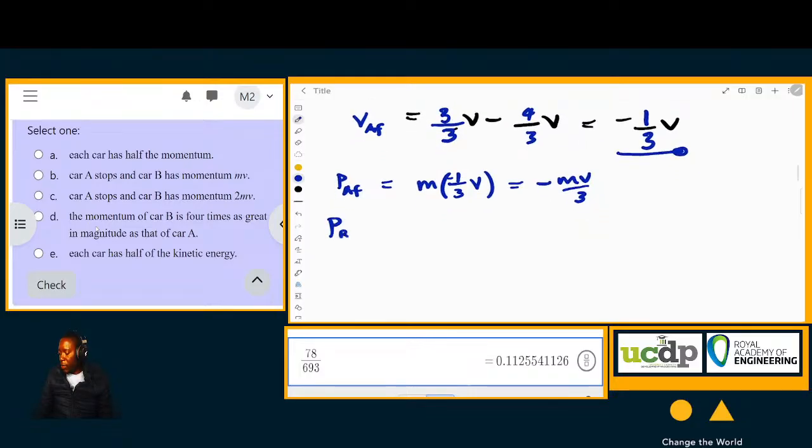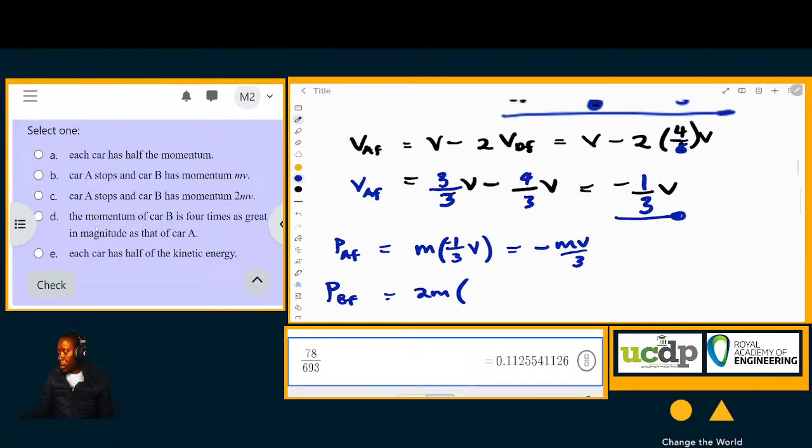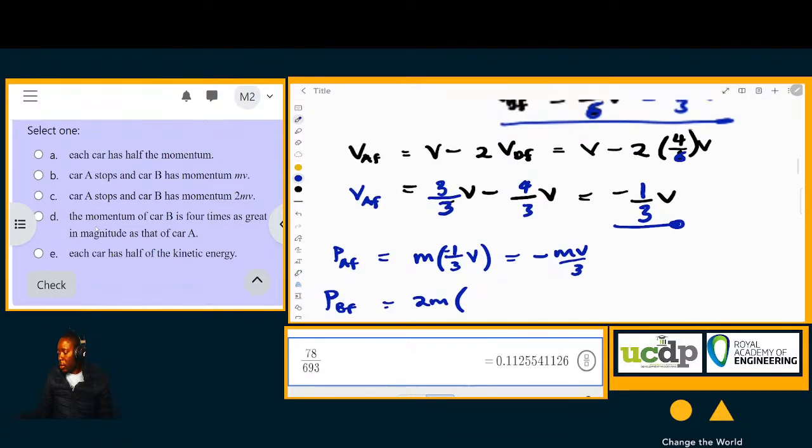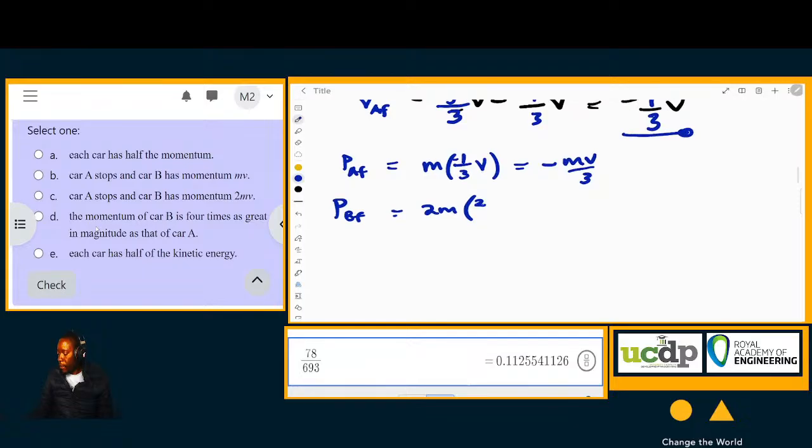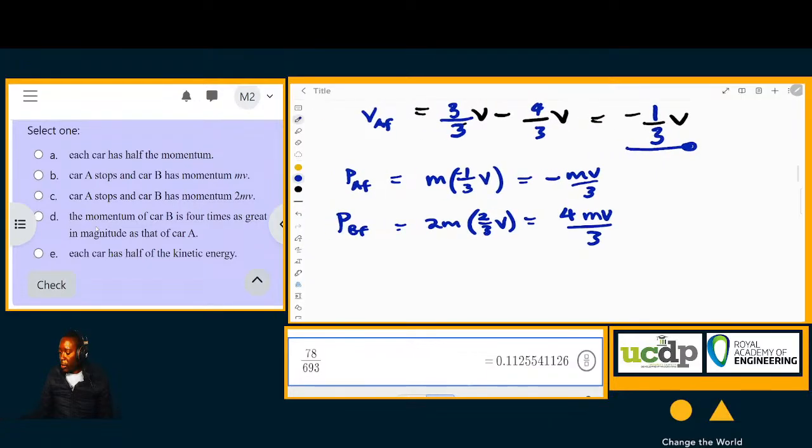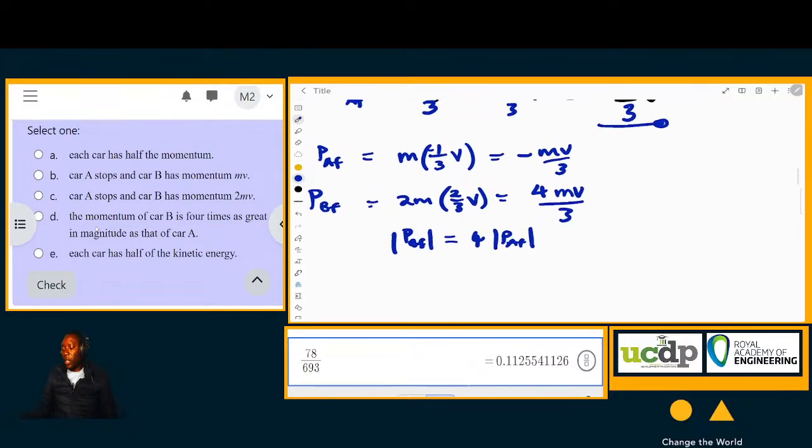Momentum for B is 2m times 2/3 V, which is equal to 4mv over 3. So in terms of magnitude, PBF, the final momentum, is equal to 4 times PA final. The momentum is 4 times according to what we have there.